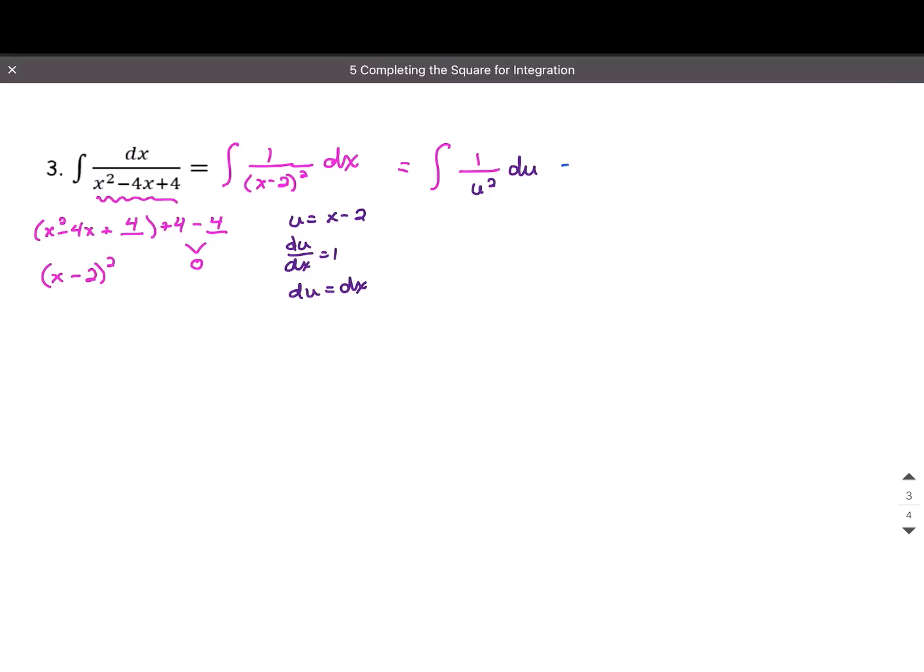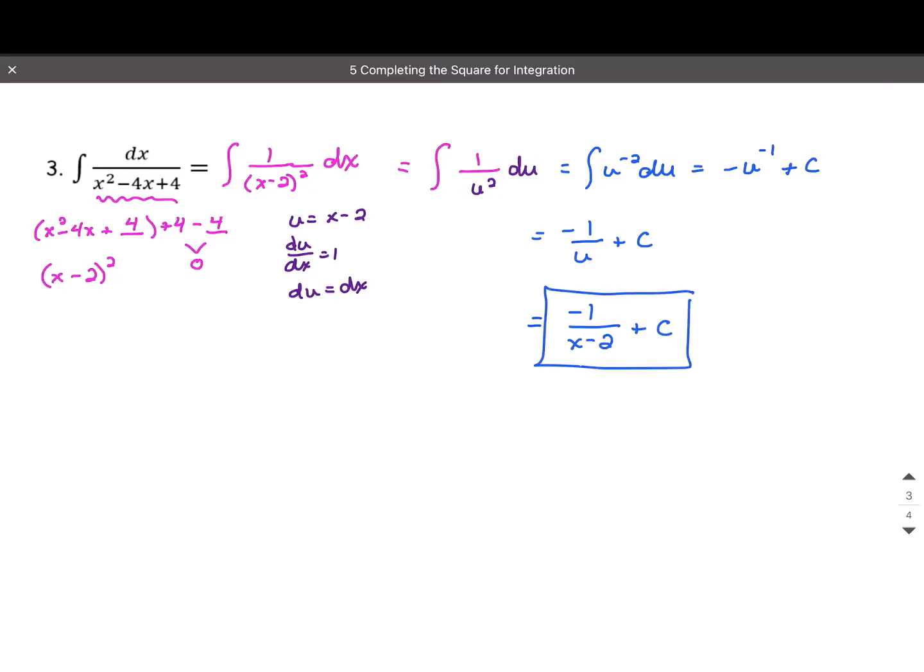And that, remember, is the integral of u to the negative 2 du. The antiderivative of that, I add 1 to the exponent, negative 1, and when I divide by negative 1, plus c, I'm looking at negative 1 over u plus c. If I do that substitution now, my u is x minus 2, plus c. Here's my final answer. Awesome.